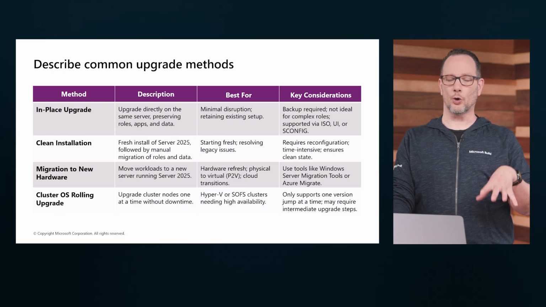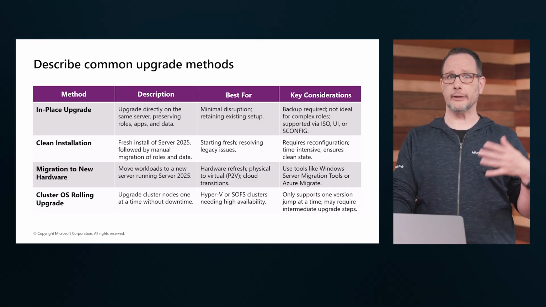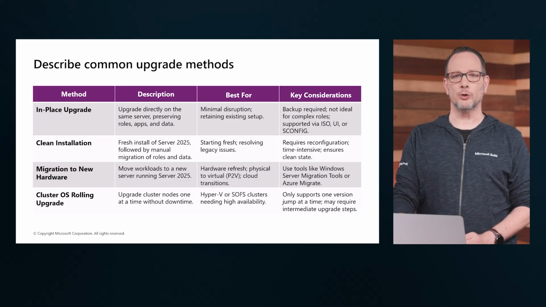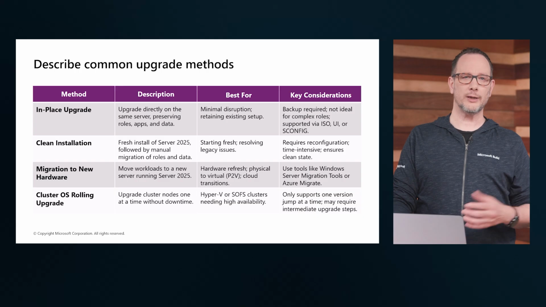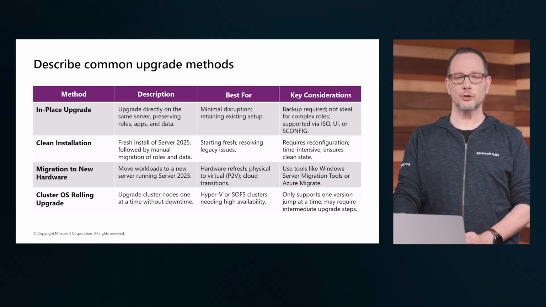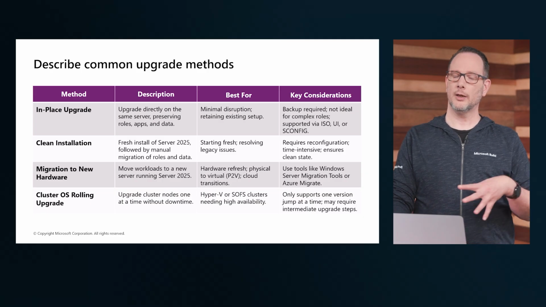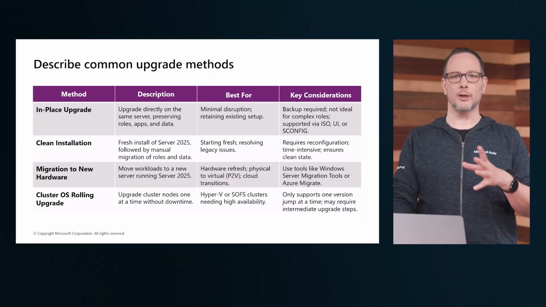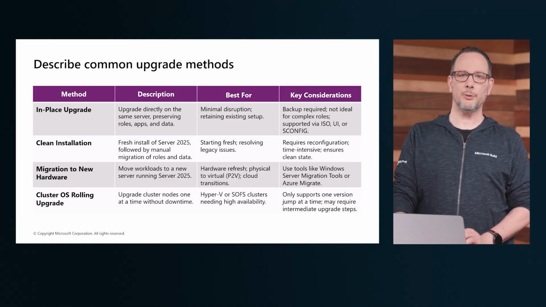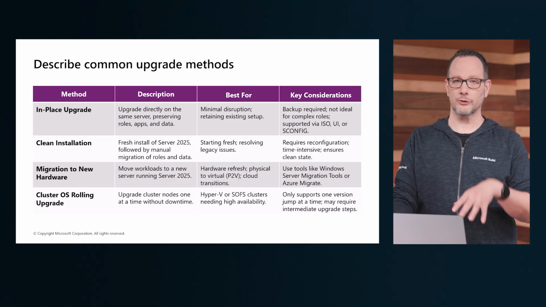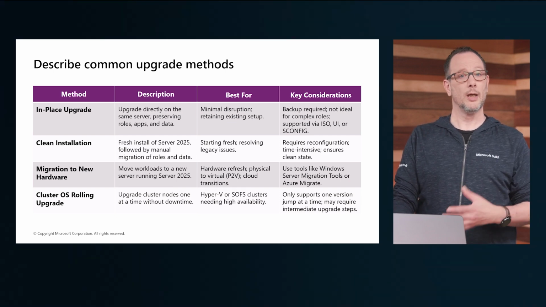What we're doing is you're running Azure virtual machines like Windows Server 16, 19, and you want to move to the later version, preferably Server 2025. So for quite some time, Windows servers are actually pretty good in performing in-place upgrades. You keep the server as is, you're going to move to the latest version, and that's pretty much it. Now, keep in mind there's still some downtime, because obviously it needs to update all the operating system components.